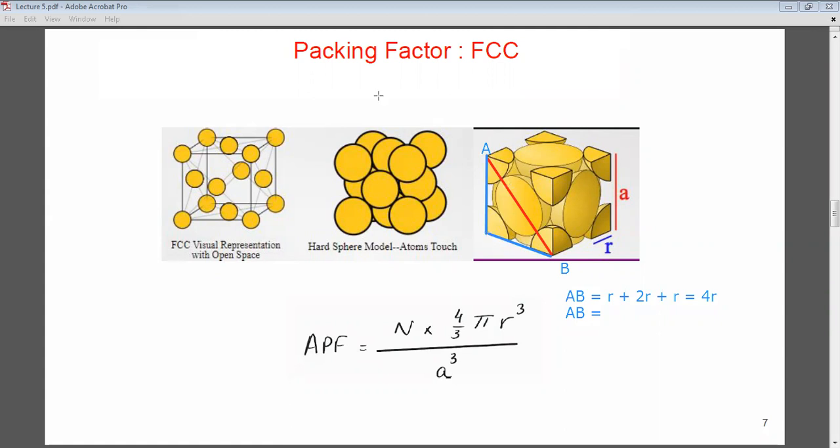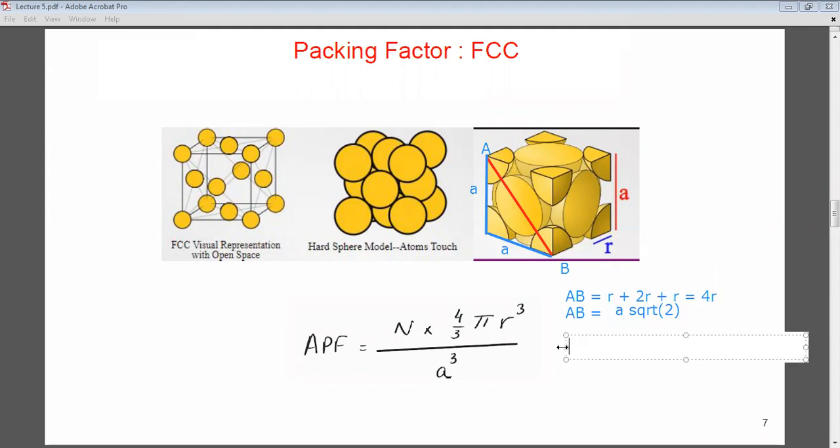This is A, and this is A. So by Pythagoras theorem, this side is A square root of 2, which is the square root of A squared plus A squared, and that's A square root of 2.